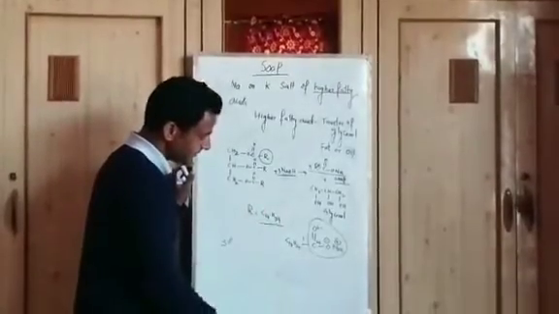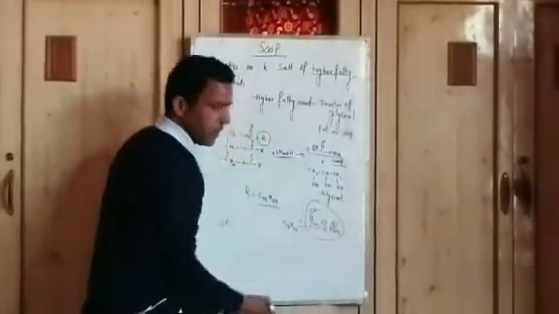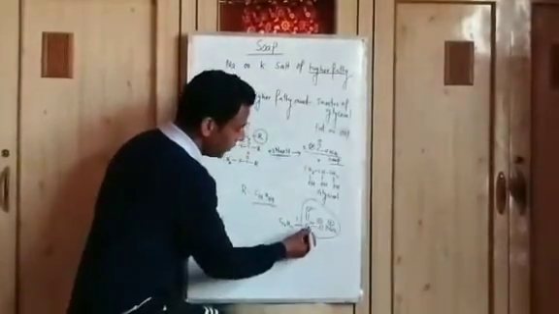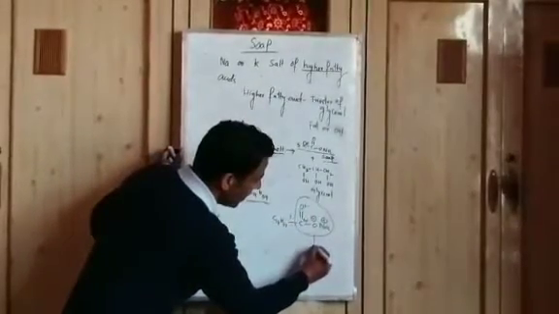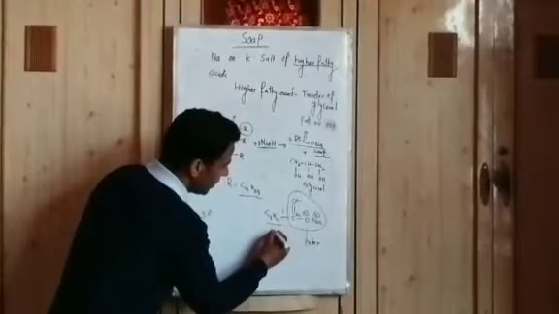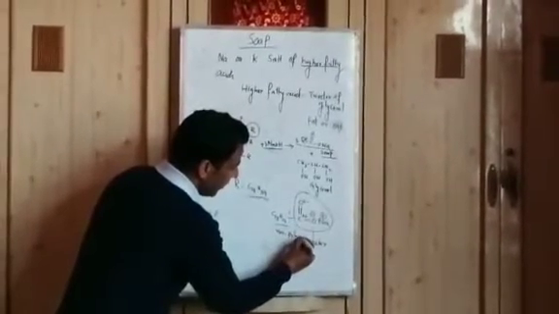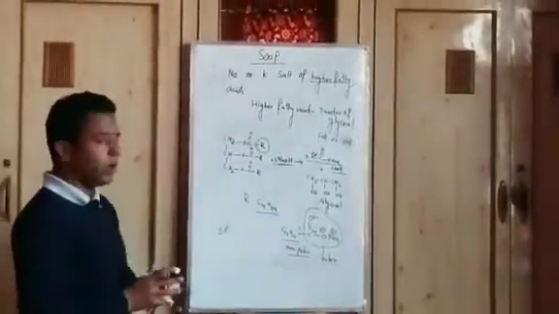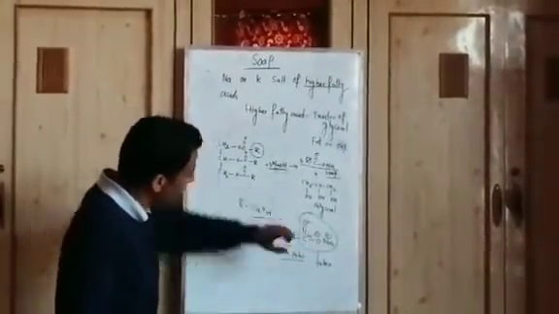Now, when we look keenly at the structure of the soap molecule, it contains two parts. One is called polar, and the other is called non-polar. Polar means in this part there is a carbonyl group.